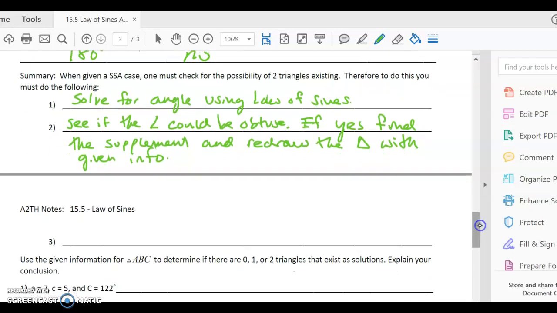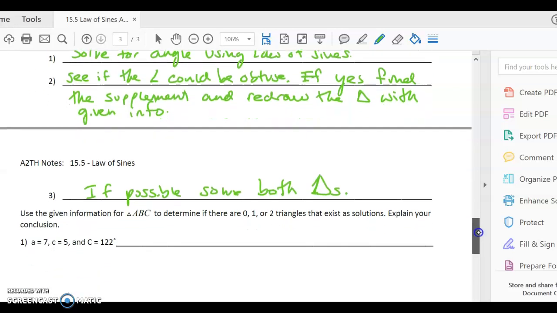And number 3, if possible, solve both triangles. So we'll take you through some examples.